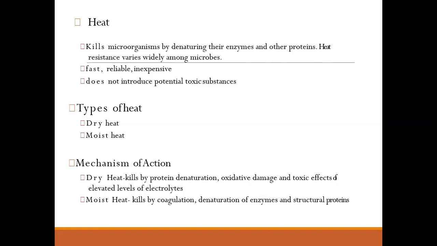First, dry heat: it kills by protein denaturation, oxidative damage, and toxic effects of elevated levels of electrolytes. And moist heat kills by coagulation and denaturation of enzymes and structural proteins.